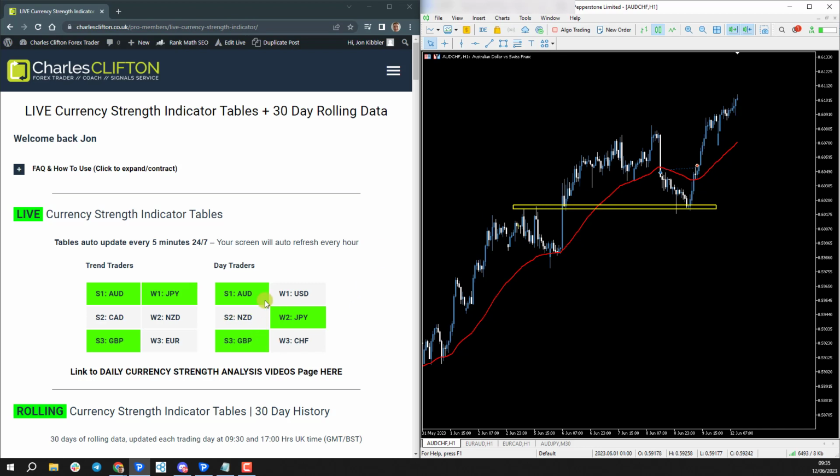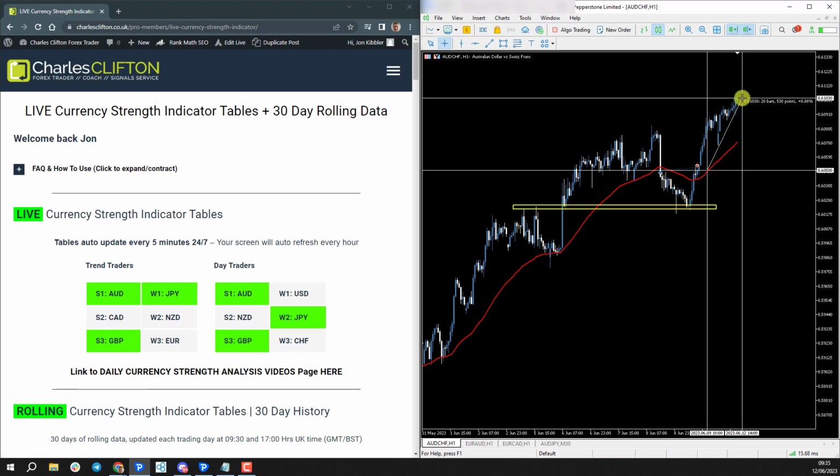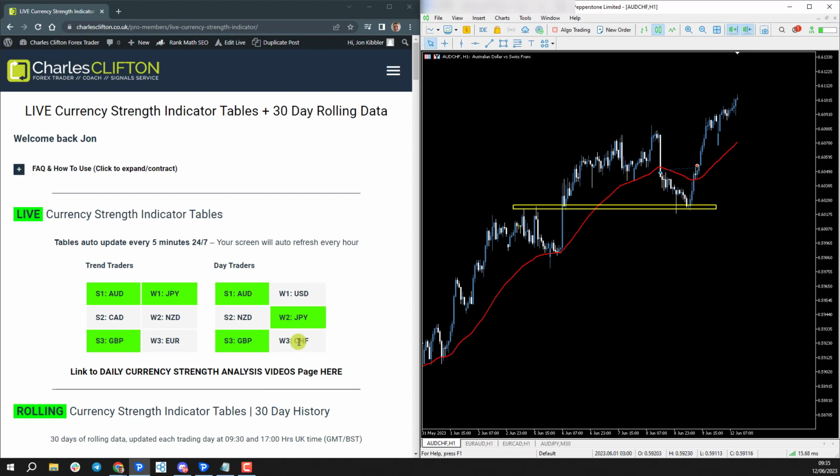What we did discuss in that video was the fact that if Aussie had also left, it would have been a nothing trade anyway. However, if you had left this position open, you'd be about 53 pips to the good now. Aussie Swiss is on the day traders, so you can still hold this one at the moment.